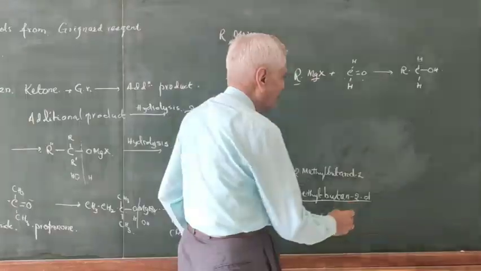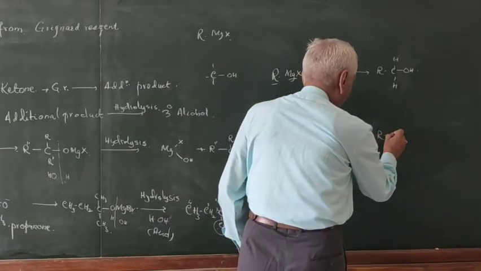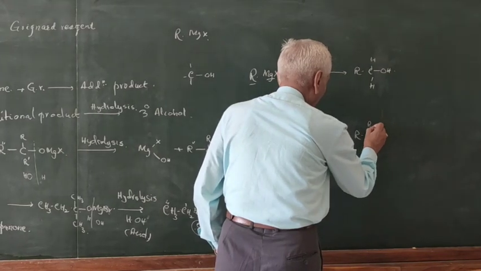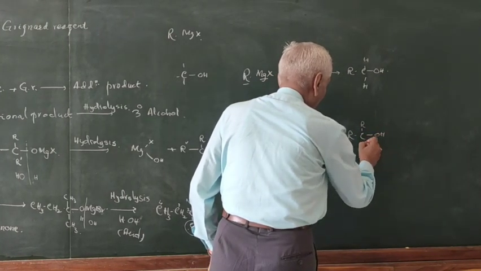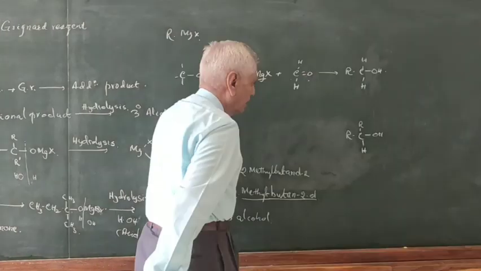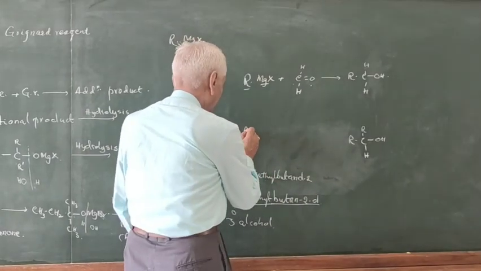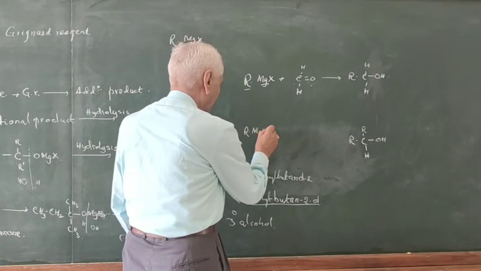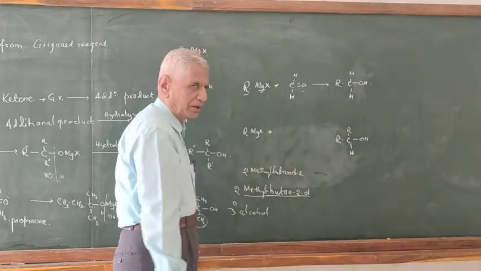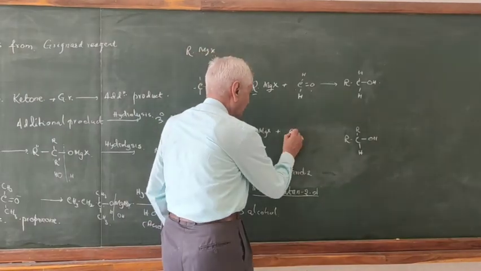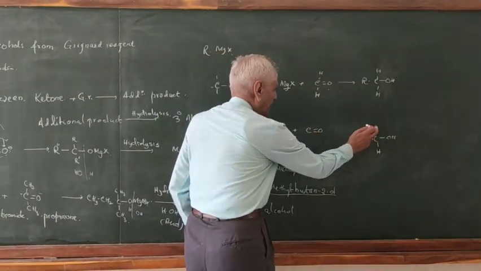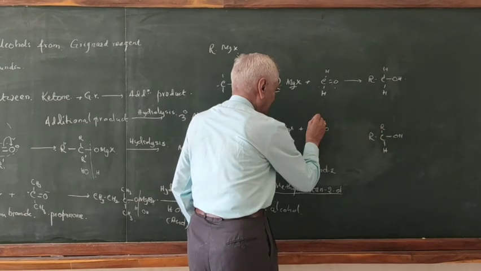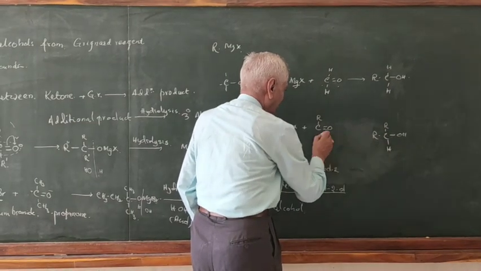And if you want to get a secondary alcohol, R C R OH, you take a Grignard's reagent and make use of the carbonyl group containing R here and 1 H here.